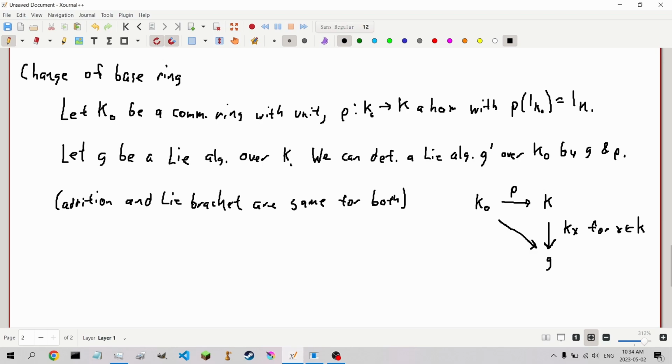So for k0 inside K0, the way you scalar multiply an element of G prime in this case would be equal to the scalar multiple of whatever the image of k0 under rho is, with the standard scalar multiplication formula.